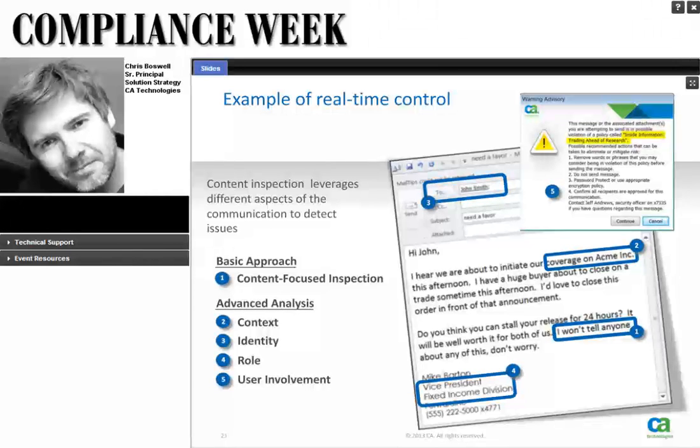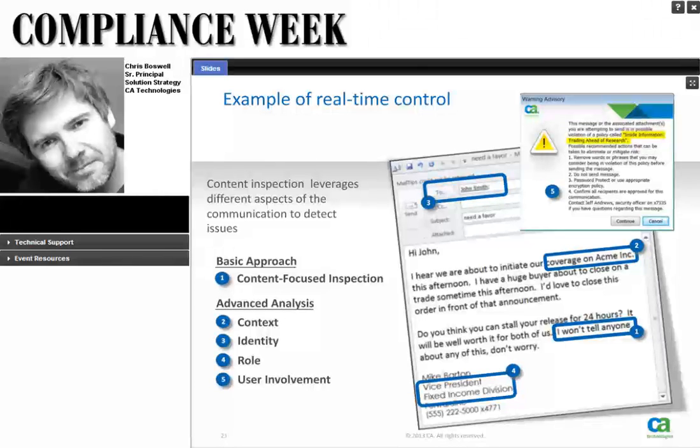Well, in a traditional solution, you might be looking for some keywords like "I won't tell anyone" or whatever your Urban Dictionary says, "on the down low," or people get really creative with these things, and you should do that. But you also want to take into account the context in which it was sent. So someone saying, "I won't tell anyone about your surprise party" would be an example of noise that you might have to look at.